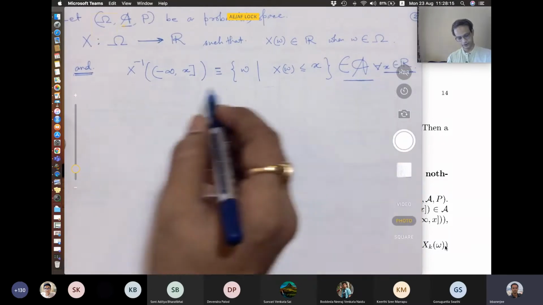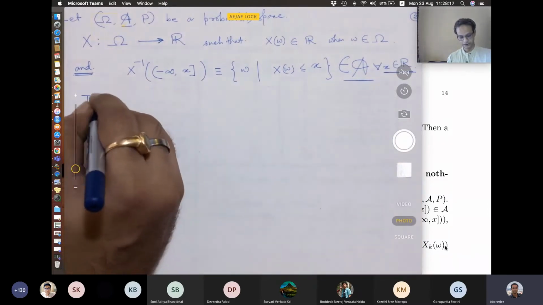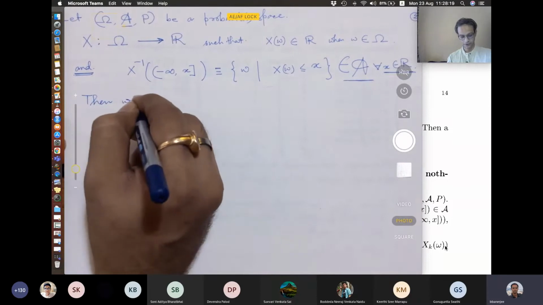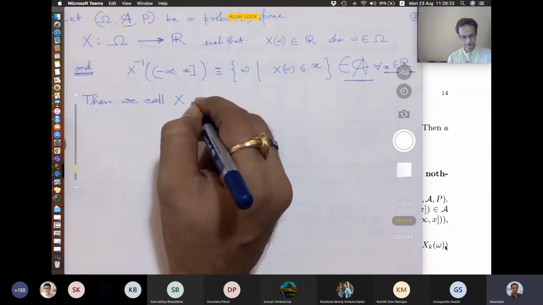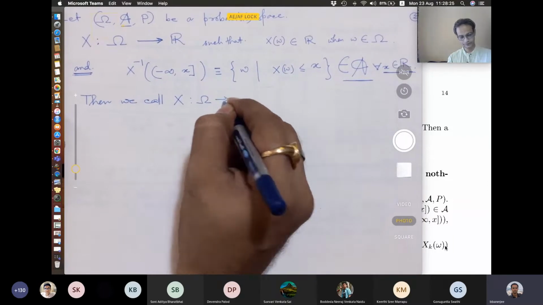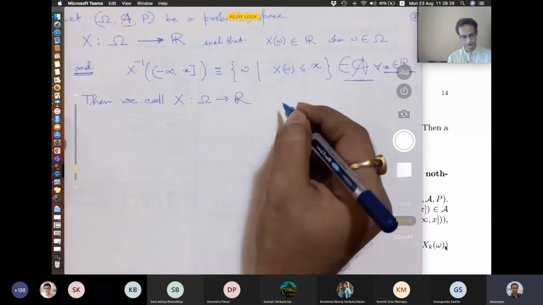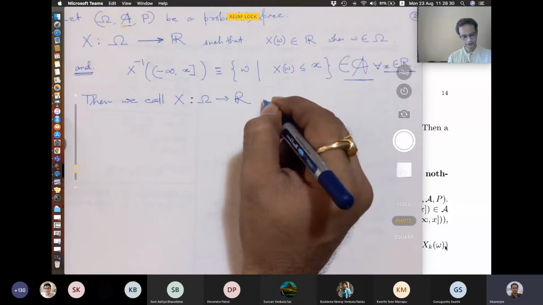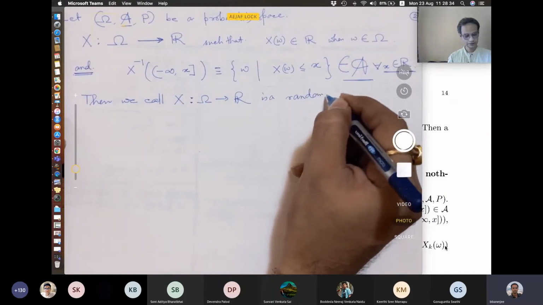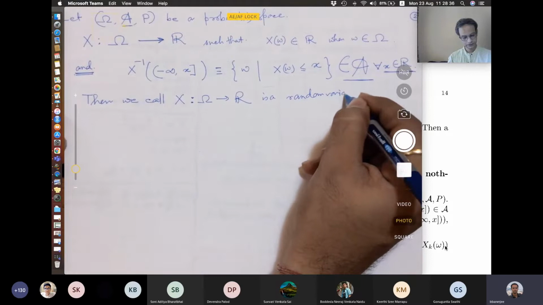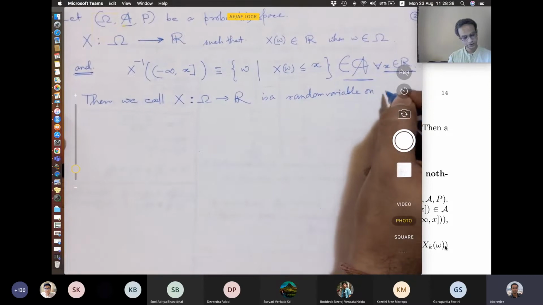So if this condition holds, then we call X, which is a mapping or function from Ω to R, a random variable on (Ω, A).